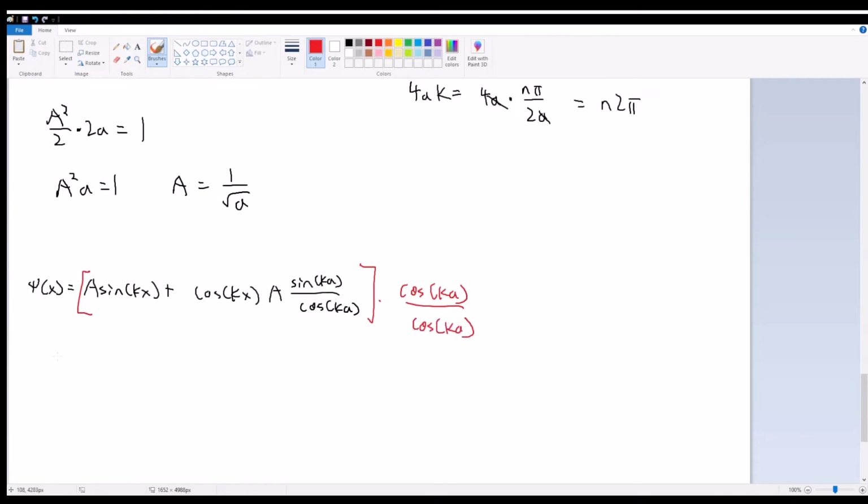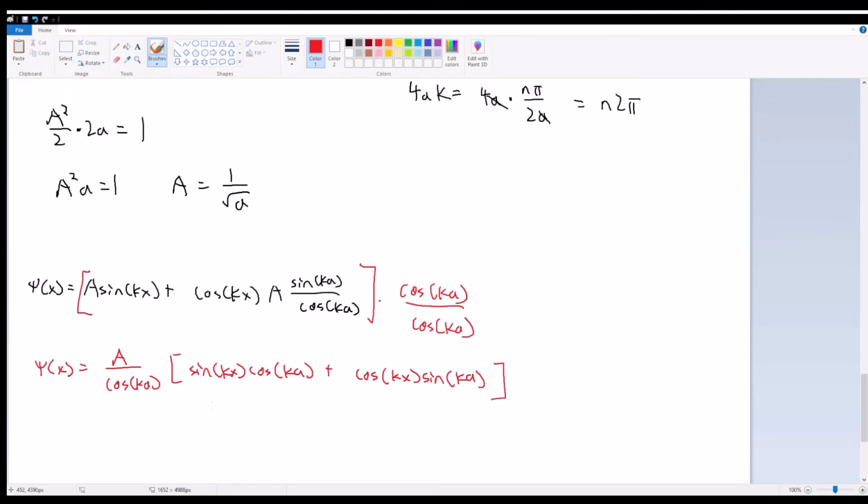So what this gives me is that psi of x is now equal to A over cosine Ka multiplied by sine Kx cosine Ka plus cosine Kx sine Ka.